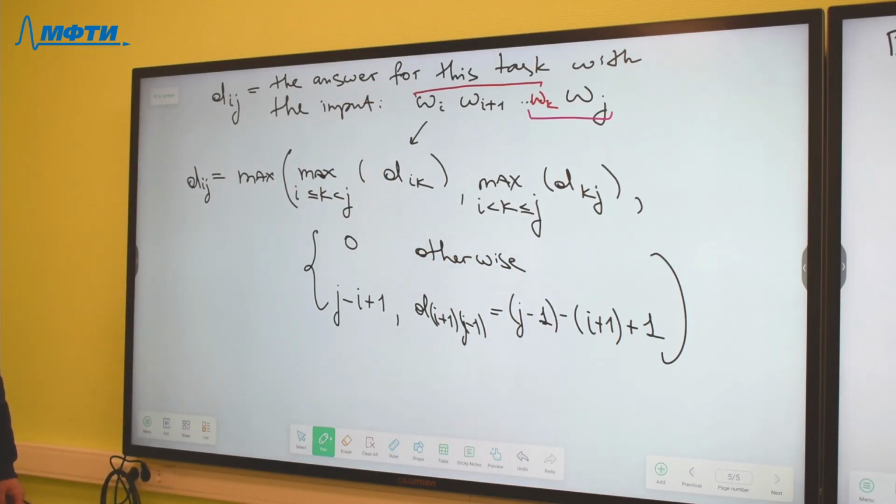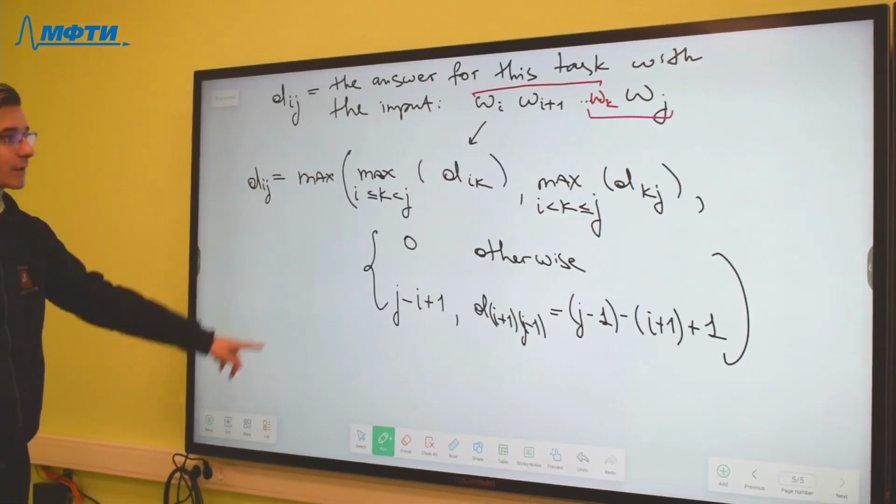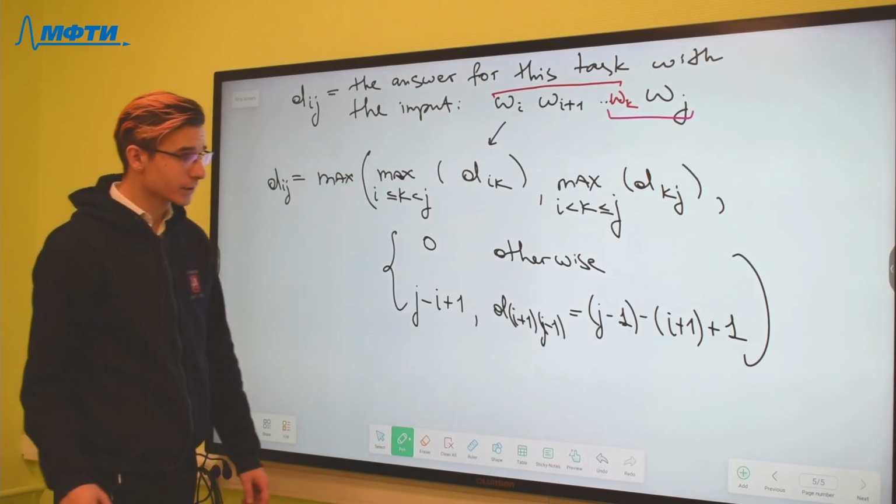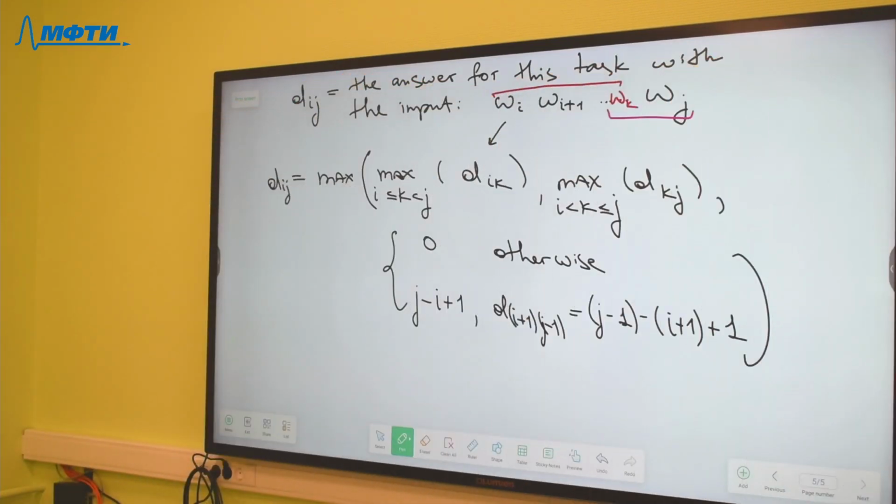So we see that, for example, if we know the answer for these subtasks, we know the answer for the question.